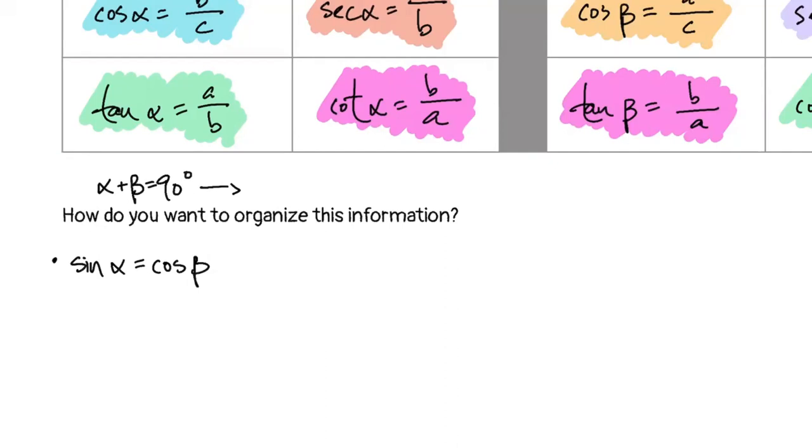If I know that alpha plus beta equals 90, what's another way that I can express beta? Beta equals 90 minus alpha. Beautiful. Beta equals 90 minus alpha.